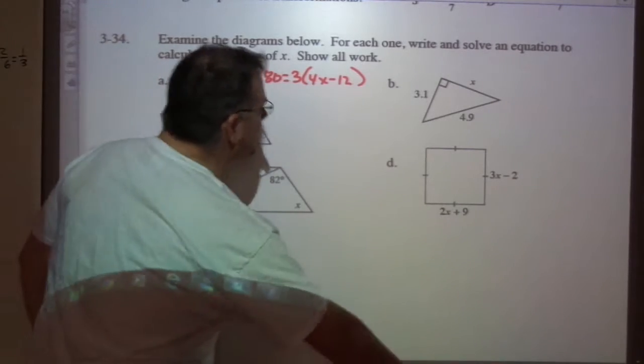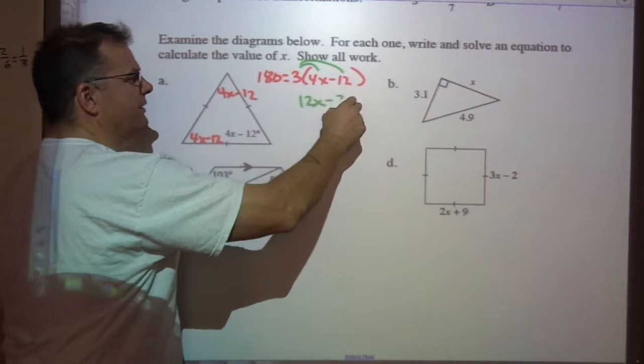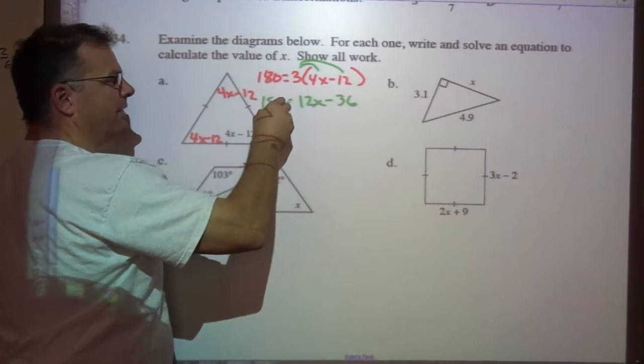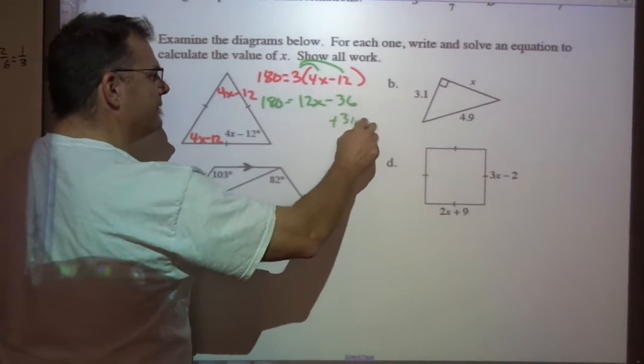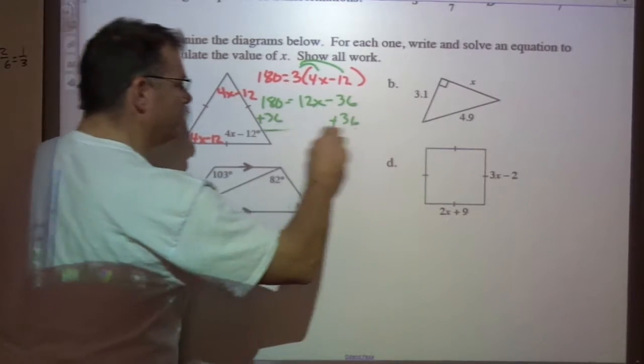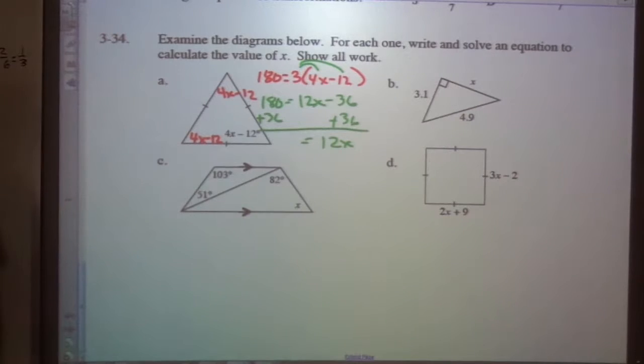And if I do this, I can distribute. That gives me 12x minus 36. I'm going to need a calculator friend here in a moment. Now if I add 36 to both sides, could someone hit me with 180 plus 36? Tell me the number.